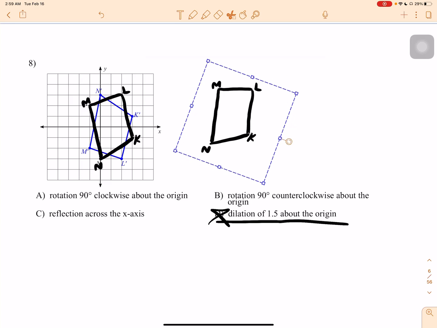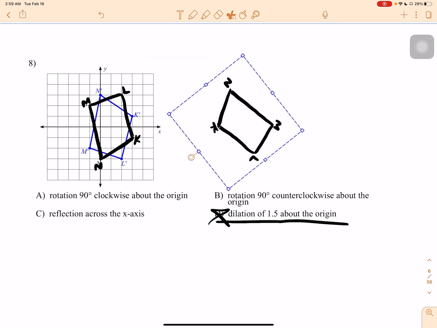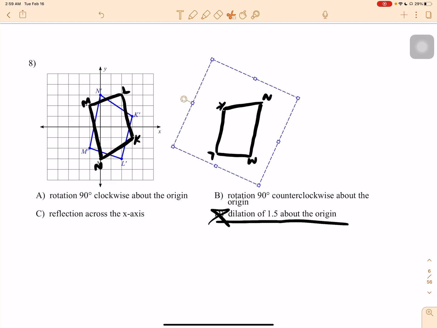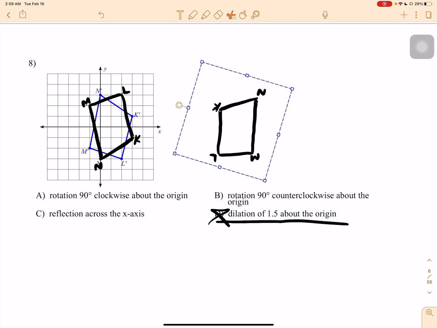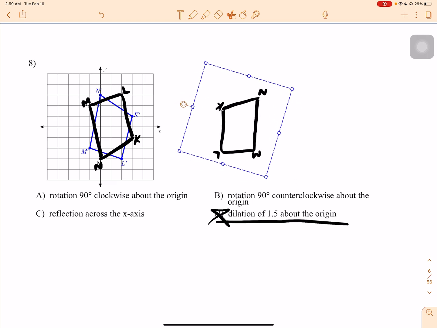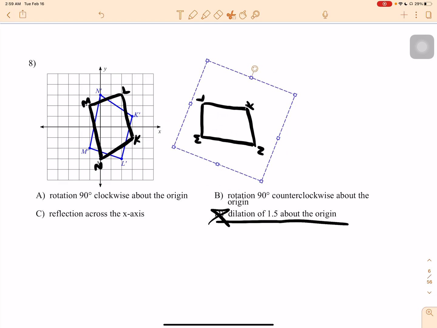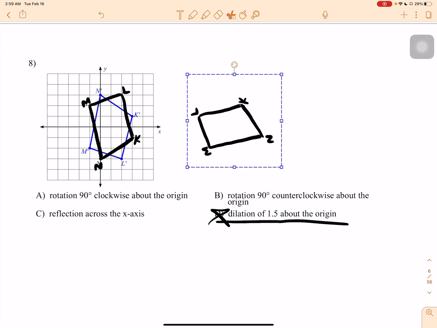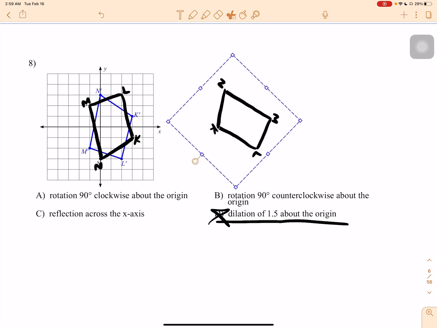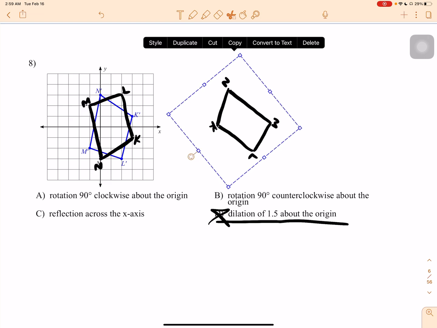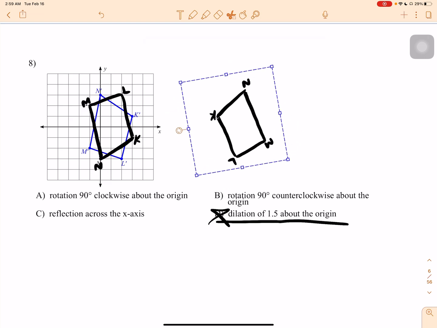So let's see here. If I turn it like so, you see here, it looks like I need to go just a little bit more. You see how I'm having some trouble? I'm trying to line this one up with the blue one.